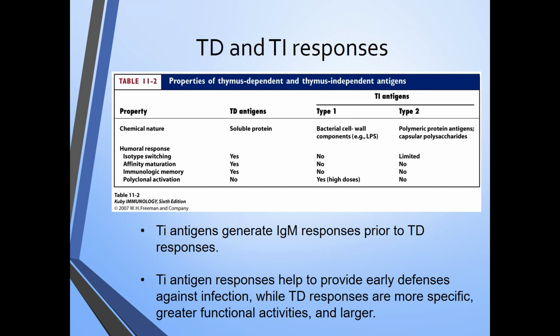The idea is these B cells get activated earlier and provide some early level of defense while the body is mounting a more effective response. It might control the infection and keep it from getting out of hand before the really good adaptive T-dependent response is generated.